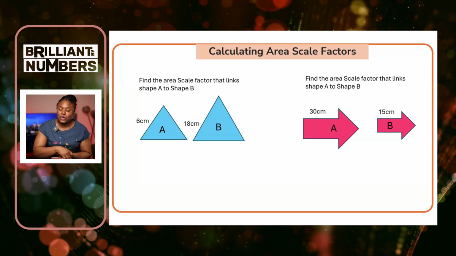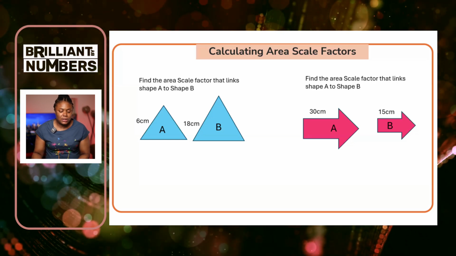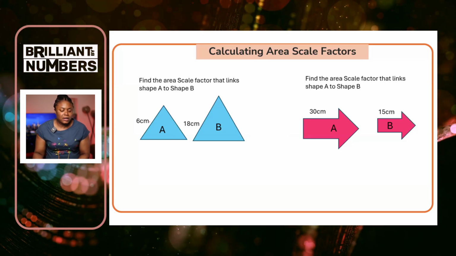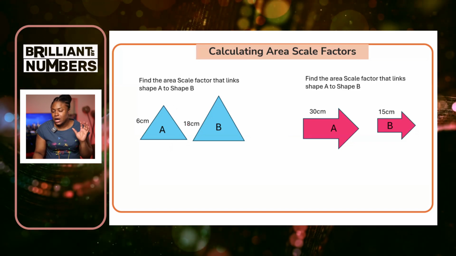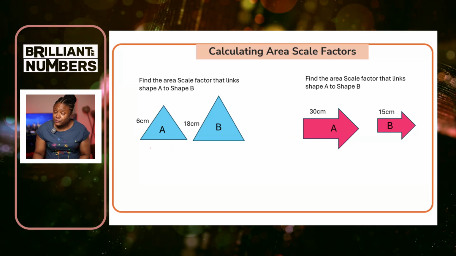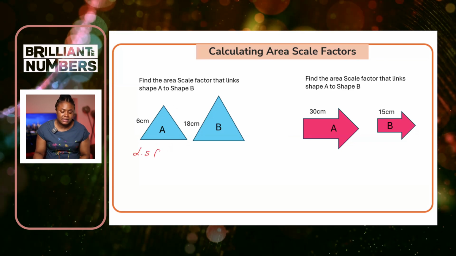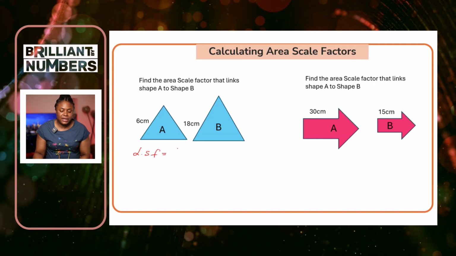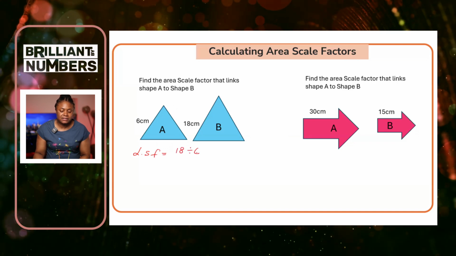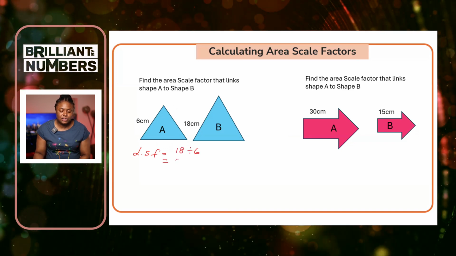However, I've put the larger shape first. So let's go. So we are given 6 and 18, which are the matching pairs. So first of all, we need to find the linear scale factor. So LSF. So we need to do 18 divided by 6. So 18 divided by 6 is 3.